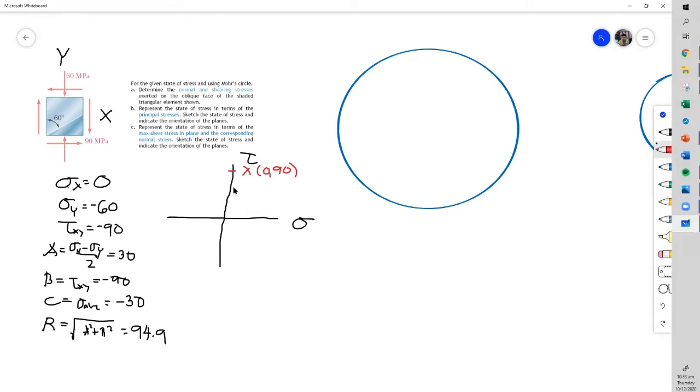So meron kang same height dapat. So somewhere here. Tapos 60, negative 60. So somewhere here. So pinlat natin, nandito siya. Point Y, which is at negative 60 and negative 90. Okay? So, remember, your 2 points already form your diameter.